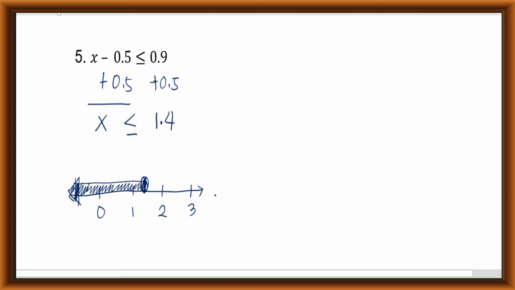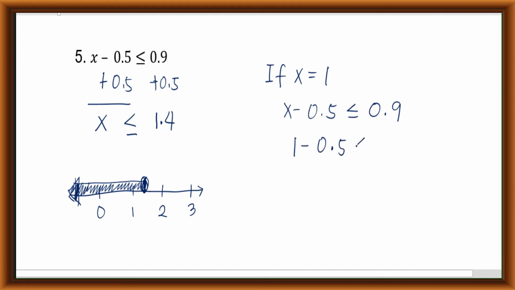Okay, so for our number 5, for example, I'll choose 1. So if x is equal to 1, we have x minus 0.5 less than or equal to 0.9? So 1 minus 0.5, is it less than or equal to 0.9?